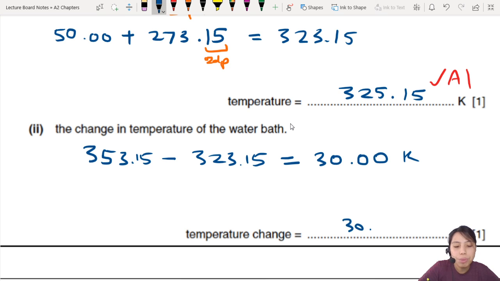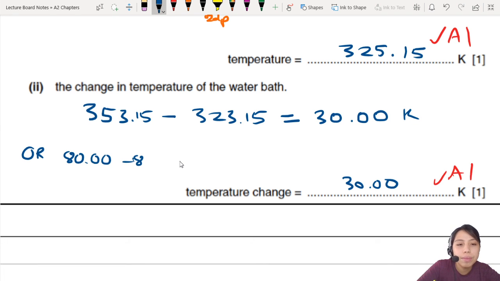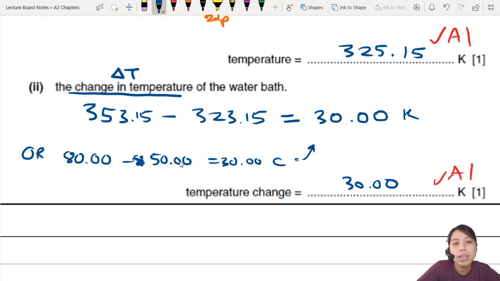So you put 30.00 Kelvin. If you want to do Celsius, make sure you write it out: 80 minus 50, which is 30.00 Celsius, the same as this. So you can only do this for change in temperature.